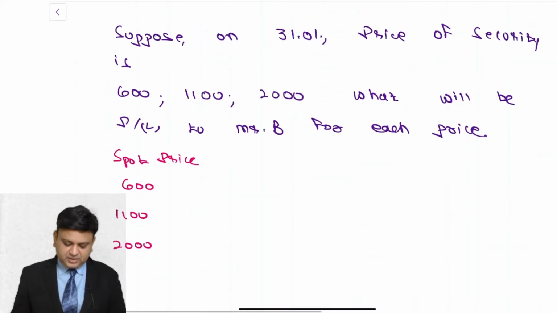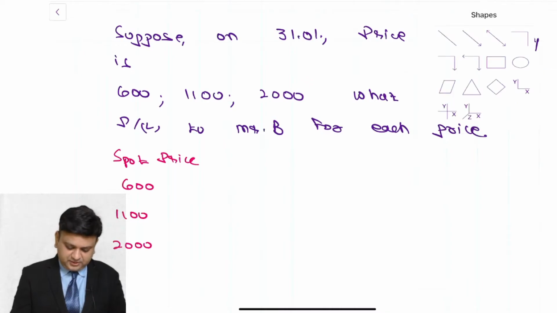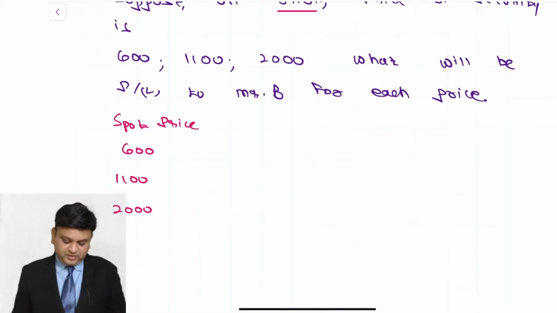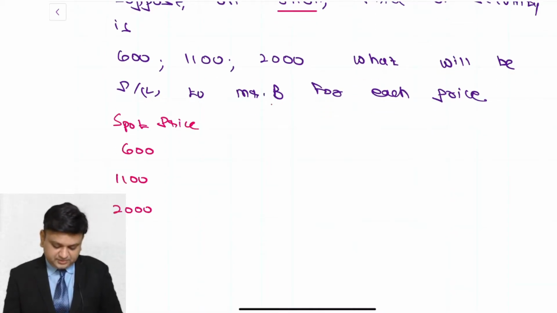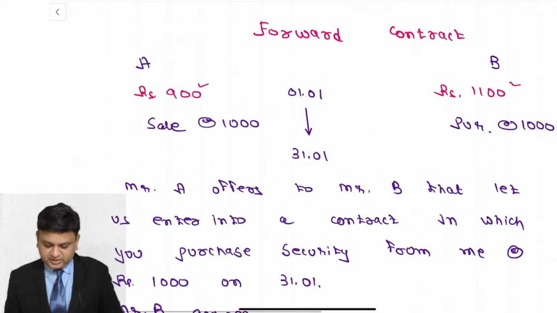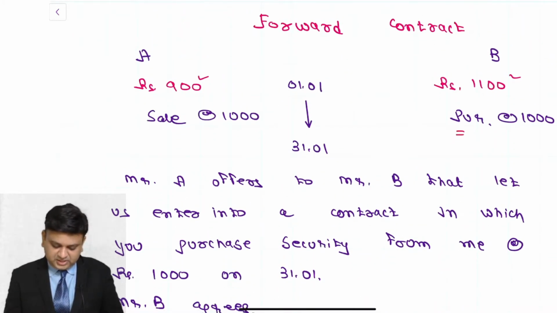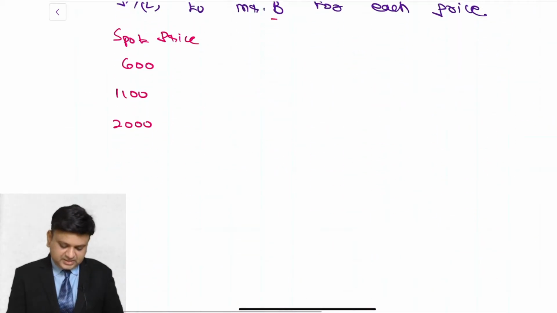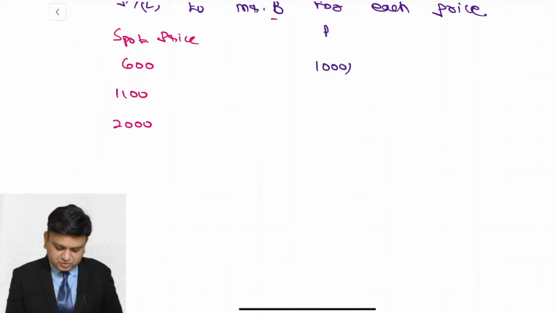So the price of the equity share on 31st of January is provided to us as 600, 1100 and 2000. We are required to make the computation for Mr. B, and Mr. B has a contract to purchase the security at the rate of rupees 1000. So what will happen? He will purchase the security at the rate of 1000 rupees.